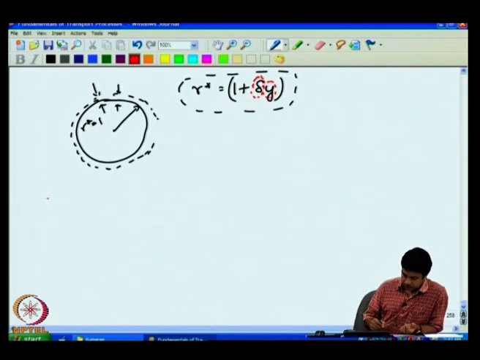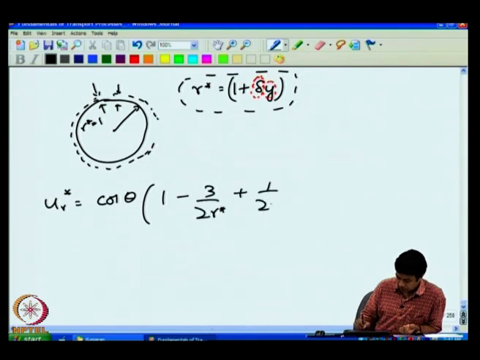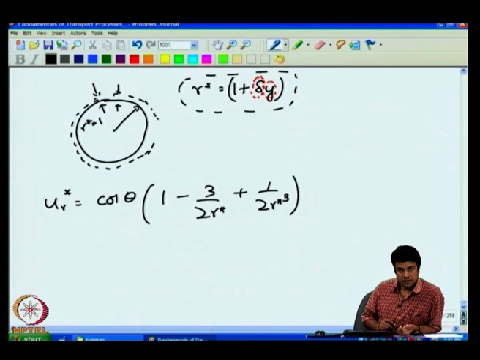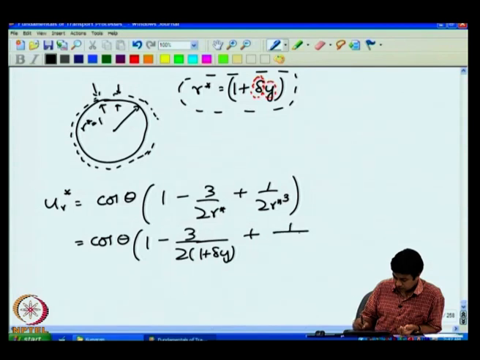Okay. So, my velocity field u r was equal to cos theta times (1 minus 3 by 2 r plus 1 by 2 r cubed). Okay. I substitute for r in terms of 1 plus delta y. So, this becomes cos theta times (1 minus 3 by 2 into (1 plus delta y) to the power minus 1 plus 1 by 2 (1 plus delta y) to the power minus 3).